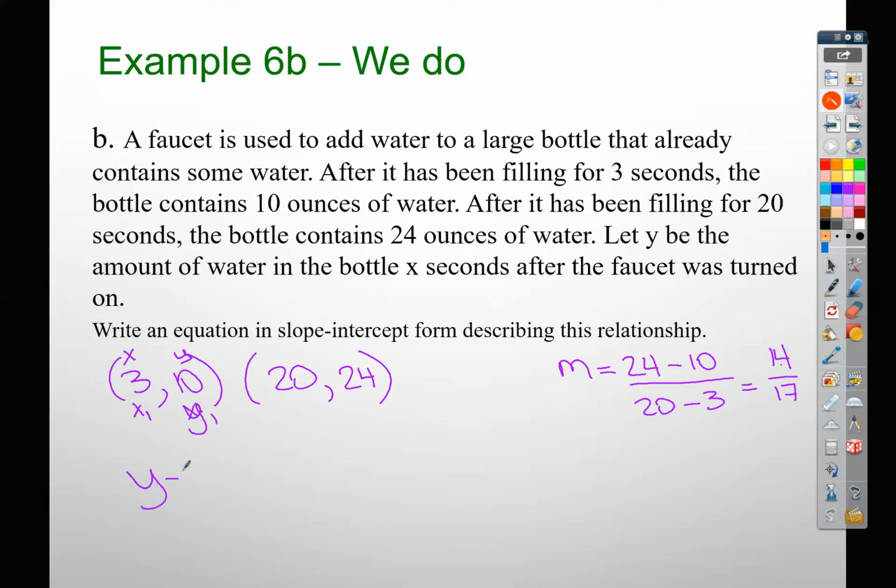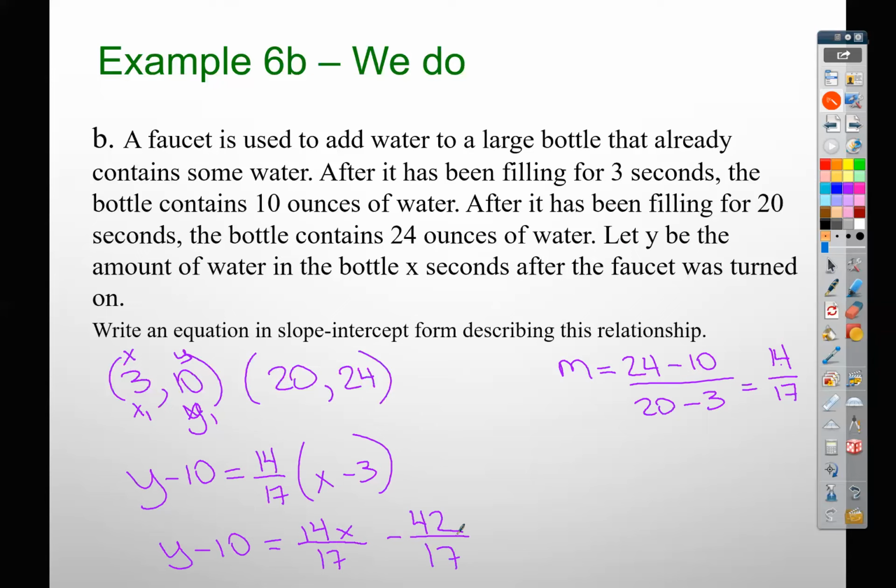So I'm going to say y minus 10 equals 14 over 17 times x minus 3. So I've got y minus 10 equals 14x over 17 minus, if I multiply that, I would get 42 over 17.